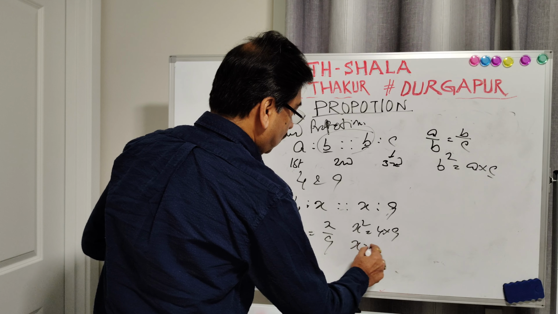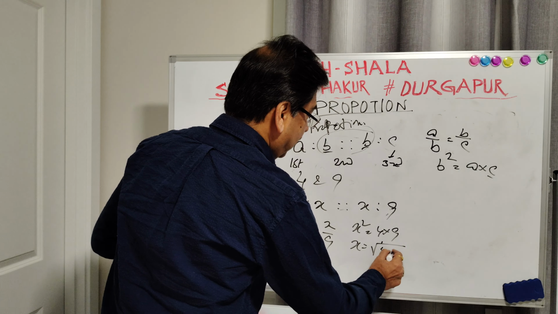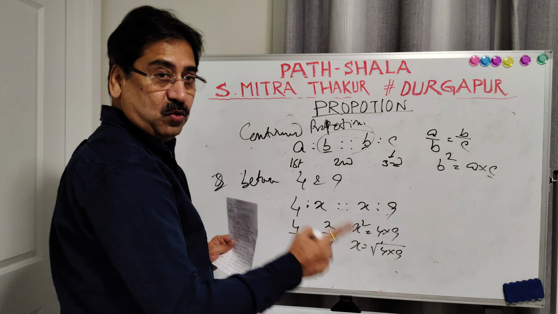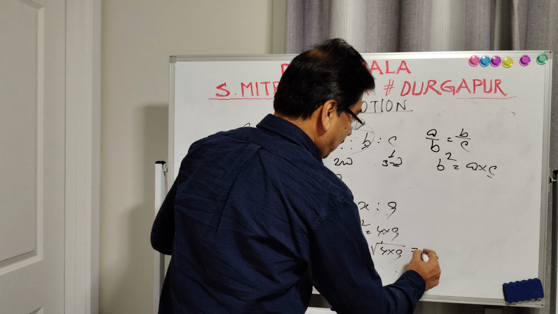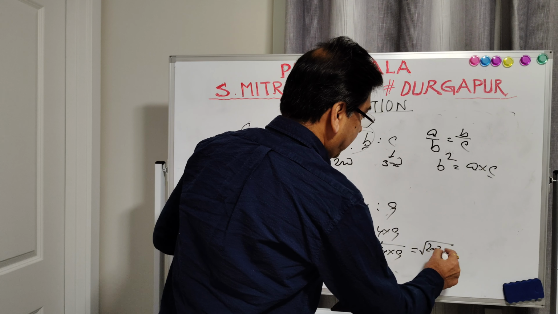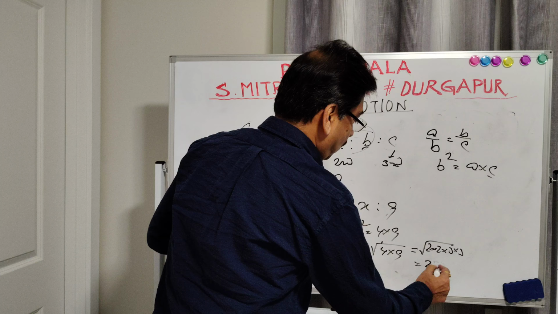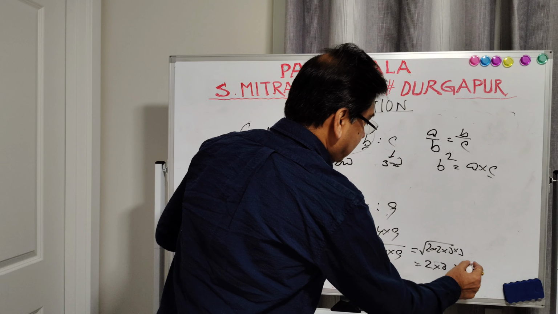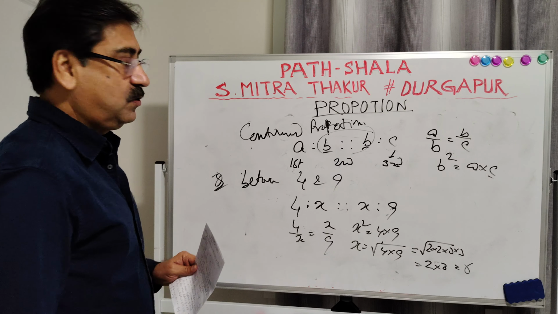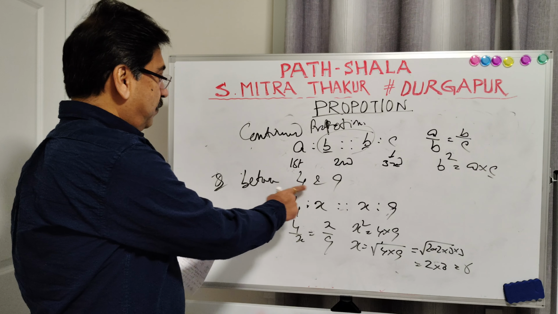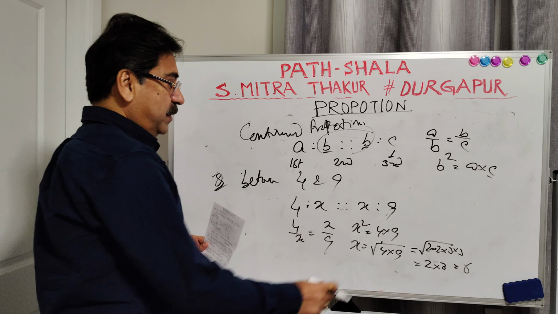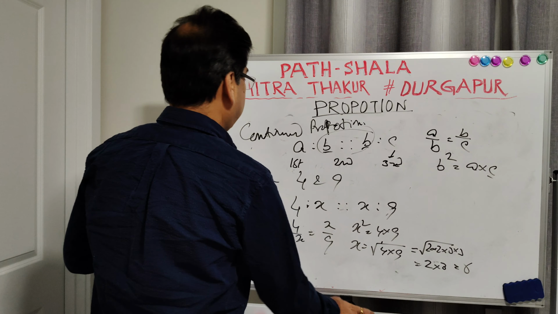That is x is equal to square root of 4 into 9. You know square root, I already discussed the square root. That is 2 into 2 into 3 into 3. So for a pair of 2 I will take 2 and for a pair of 3 I will take 3. That is 6. The answer is x is 6. So between 4 and 9 the mean proportional will be 6. Right?